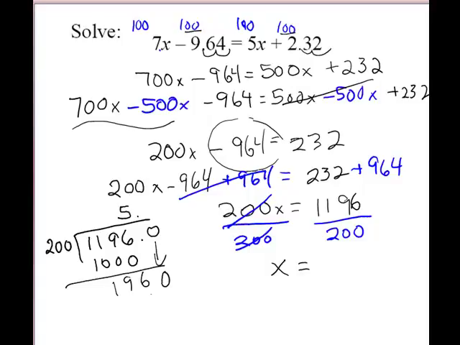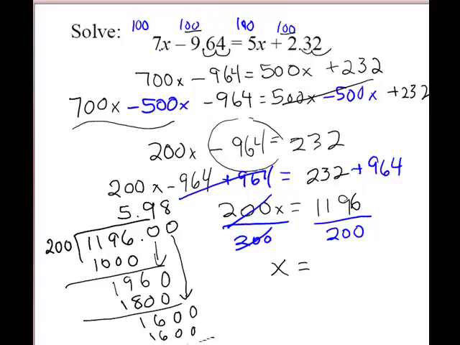And 9 2s are 18, so we're going to say a 9 there. Subtract. And we can add one more 0 and bring it down. 200 into 1600 will go 8 times. And I multiplied back there. So 5.98 is my answer.